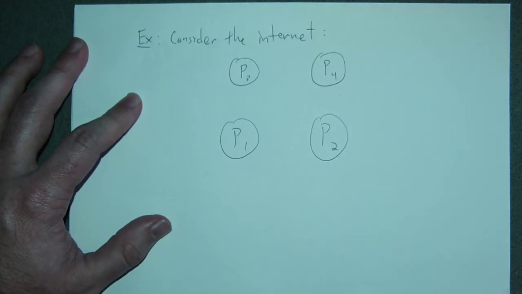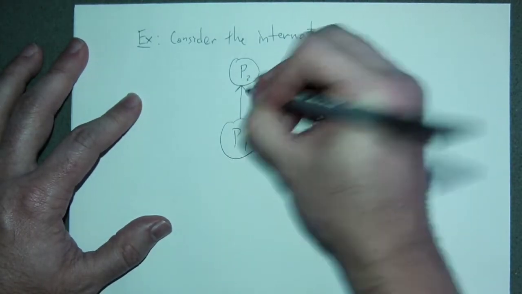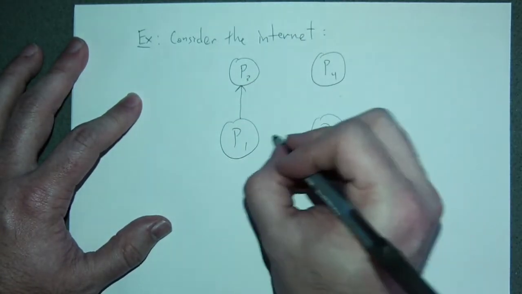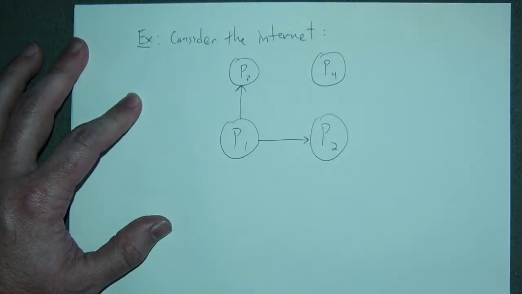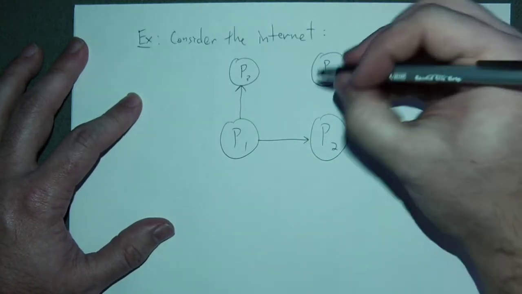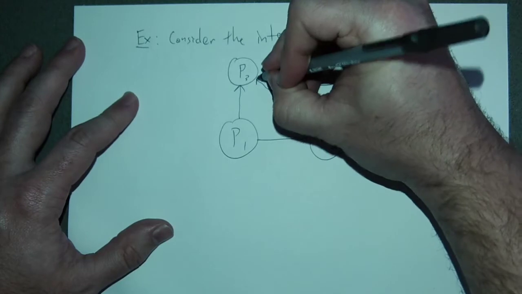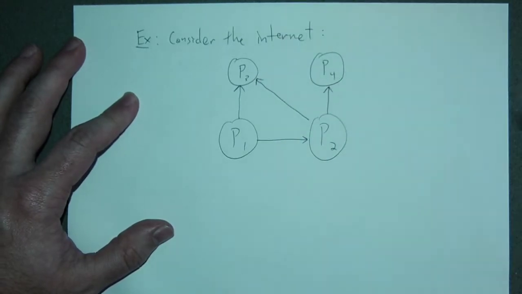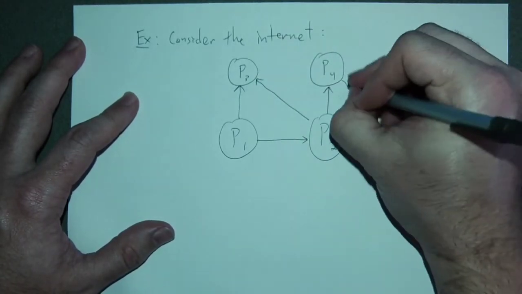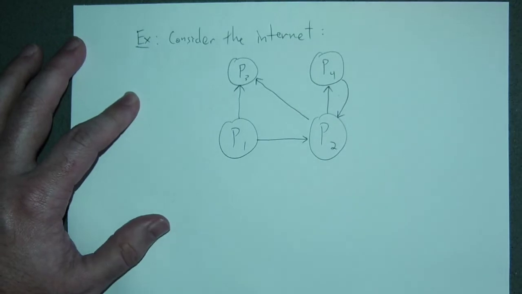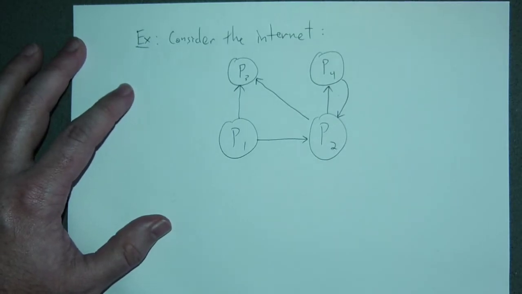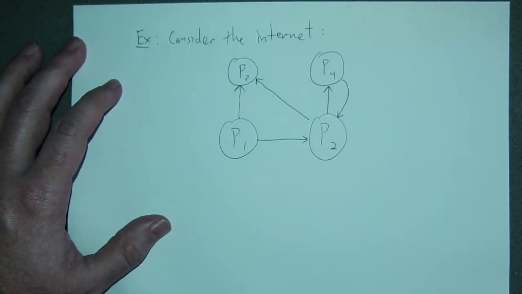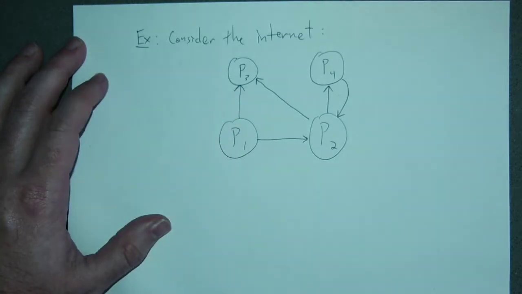The diagram looks like the following. Page 1 links to both page 3 and page 2. Page 2 links to both page 3 and page 4. Page 4 links to page 2. Make sure I got everything. Yes, that is everything. Note, page 3 has no outbound links.